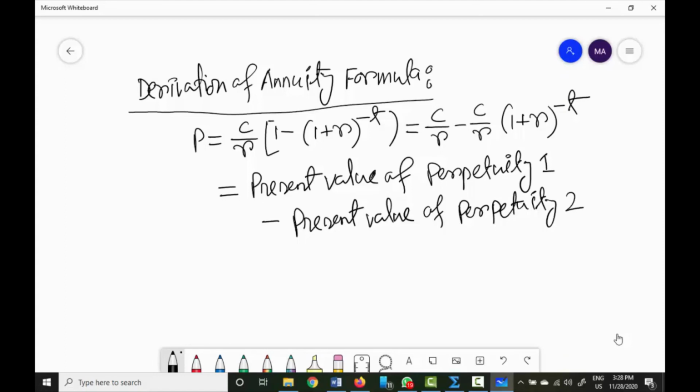So the present value of perpetuity 2 starts at period T. Right? So now how is it like that?